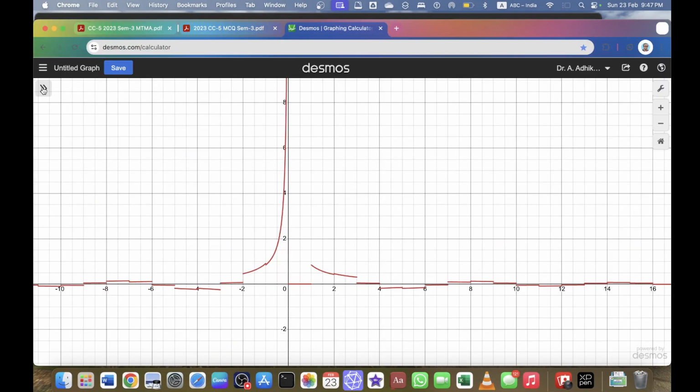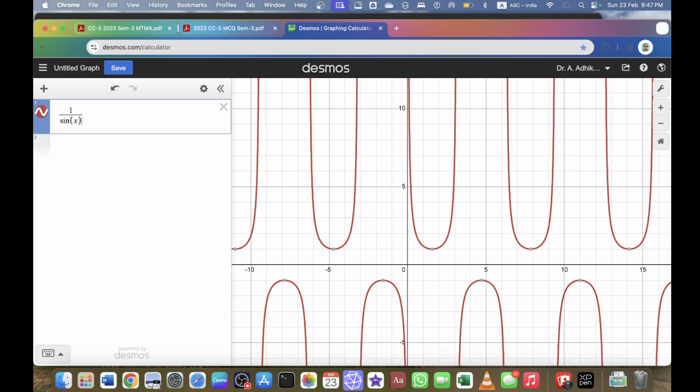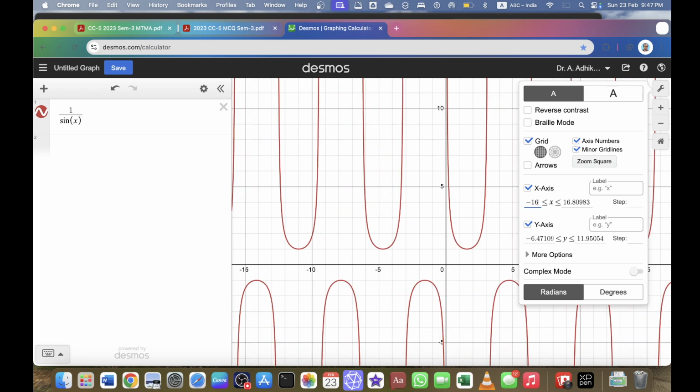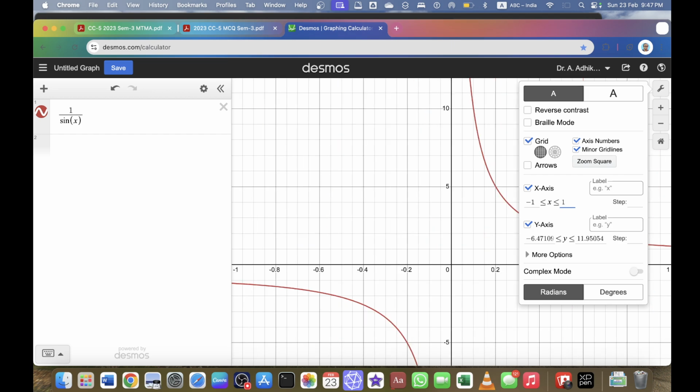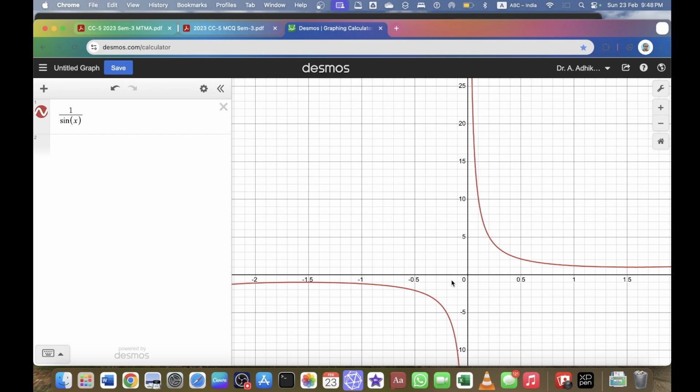Actually, if we draw this graph in the Desmos app, 1 by sin x for x from minus 1 to 1, we get this graph.